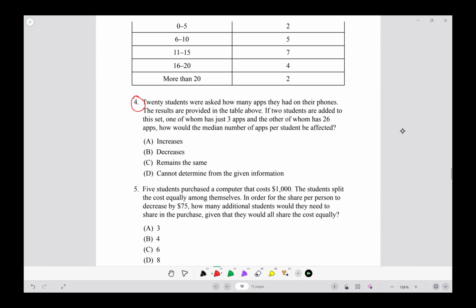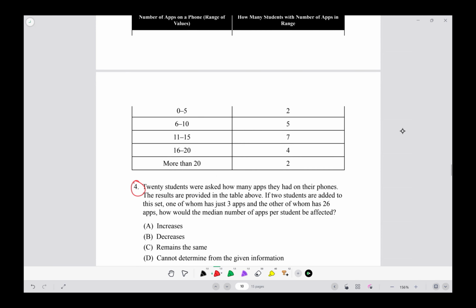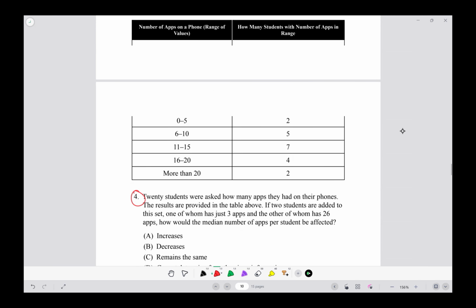If two students are added to this set, one of whom has just 3 apps and the other of whom has 26 apps, how would the median number of apps per student be affected?